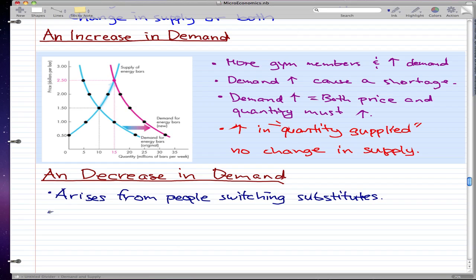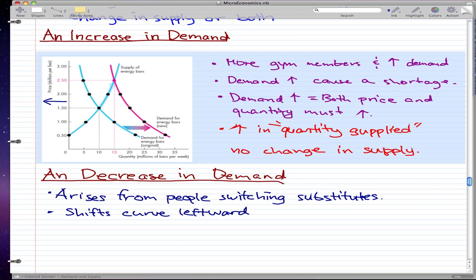And in this case, a decrease in demand shifts the curve leftward. Remember, in an increase in demand, we shifted the graph rightward. So if it was a decrease, it will shift the curve leftward. So the red line will go this way.